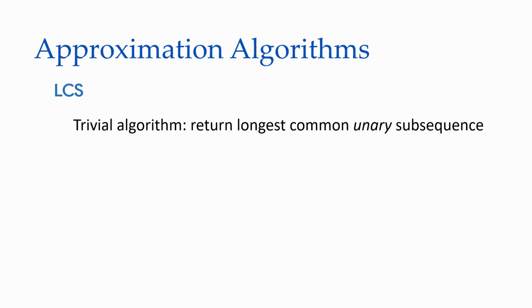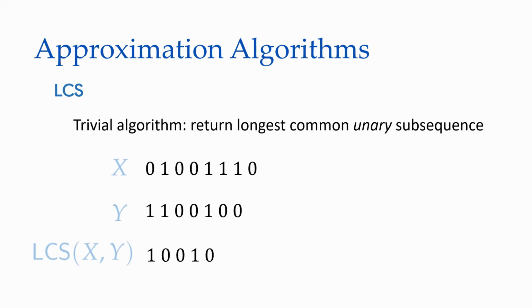For LCS, there is a very simple algorithm which works by just returning the longest common unary subsequence for the purpose of approximation. And maybe it's easiest to see this by considering binary strings. So suppose we have two binary strings, meaning they only come from an alphabet where the symbols are 0 and 1. By counting how many times 0 appears in each string, we can find a maximum common subsequence that only uses zeros between the strings.